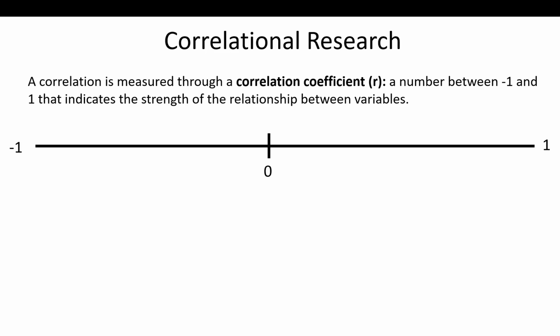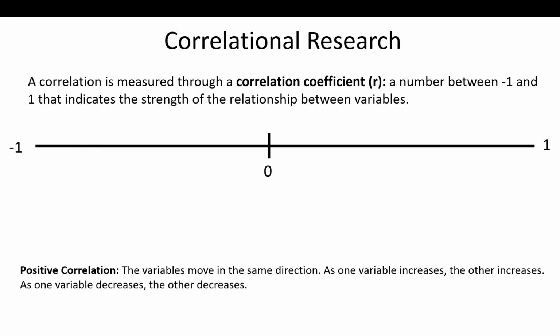If the correlation coefficient is closer to 1, then that relationship is positive. If it's more toward -1, then that means it's negative. And the closer the coefficient is to 0, the weaker those variables are. So let's say that one of our correlation coefficients is -0.90, then that would be a strong negative correlation.